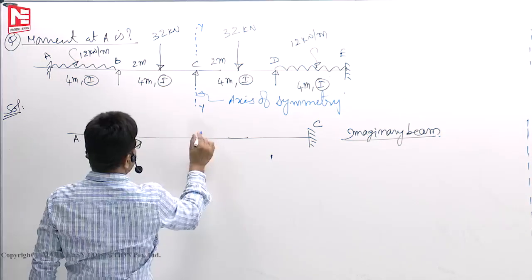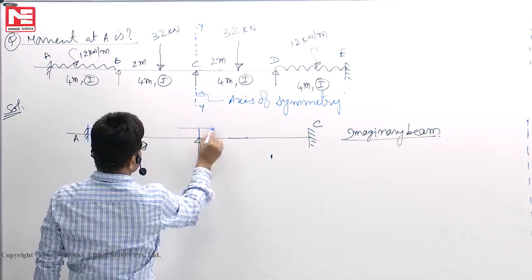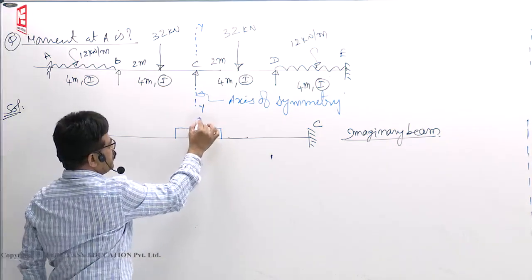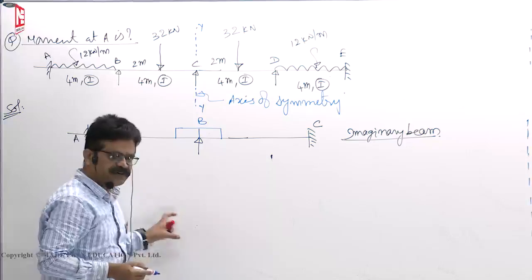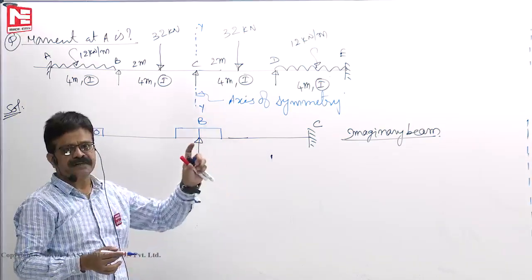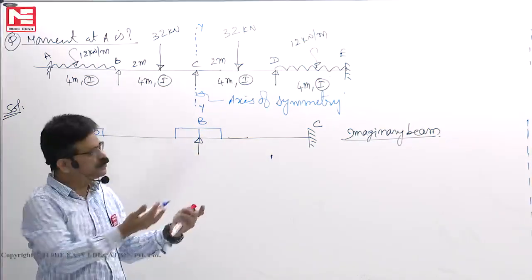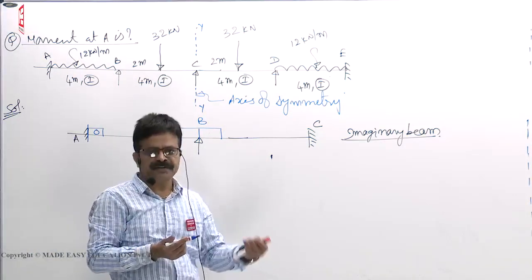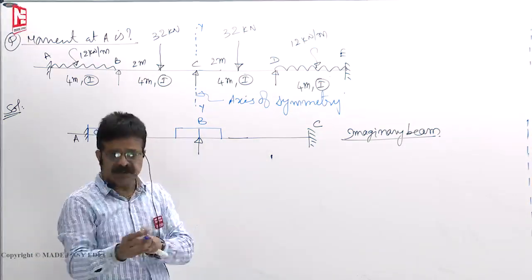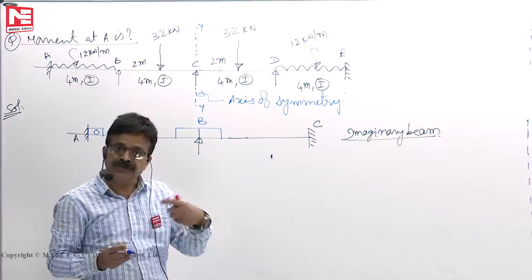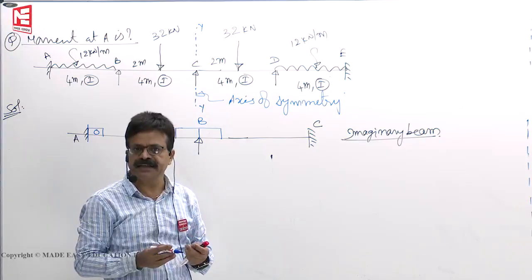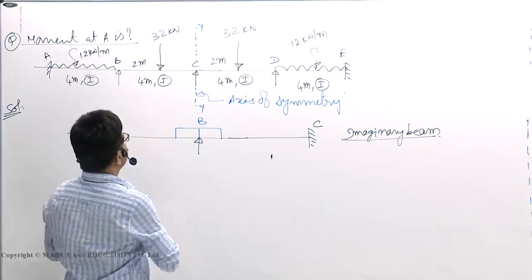Here at B. Actually, for the distribution factors, in the earlier problems we drew the table: joint, member, K, sigma K, because we could not find half of that. Half of I by L means how much it is, then you have to simplify. But if you know beforehand how much the values are, then why write the table unnecessarily and waste our time? Now it is fixed.